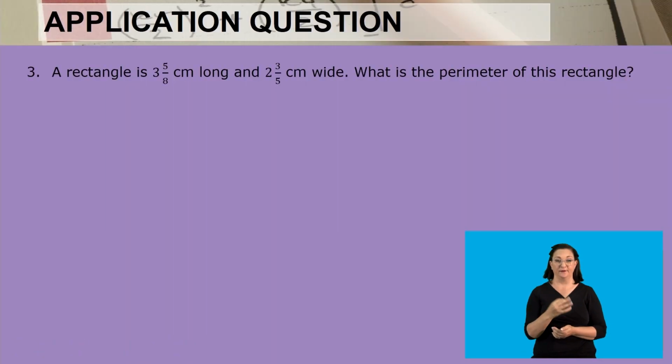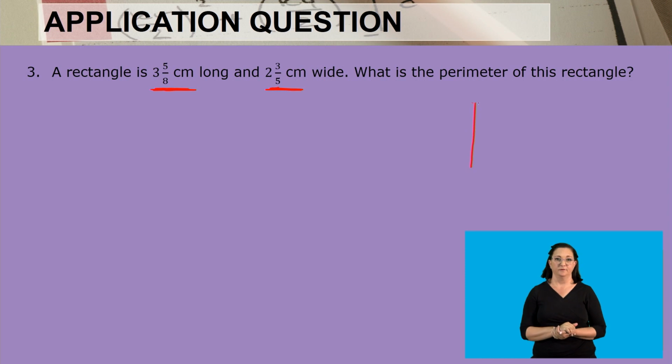Let's move on to the third application question. So number 3, we have a rectangle. It says there a rectangle is 3 5/8 centimeters long and 2 3/5 centimeters wide. What is the perimeter of this rectangle? So we have here the length as 3 5/8 and the width as 2 3/5.